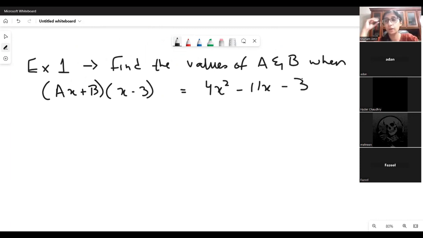Now, there are more than one ways of doing this question. We'll discuss all the methods. First method is comparing the coefficients.